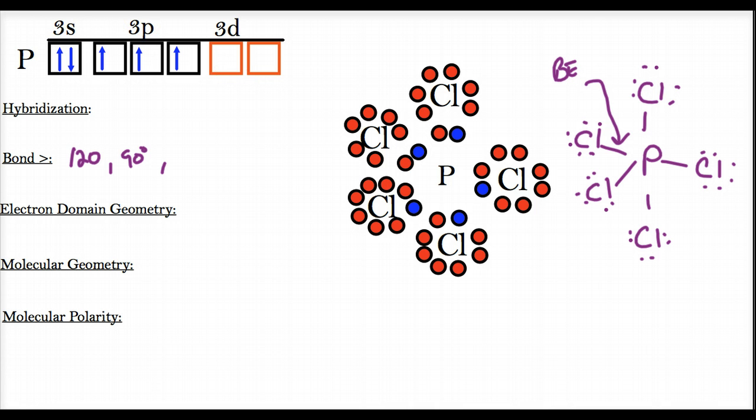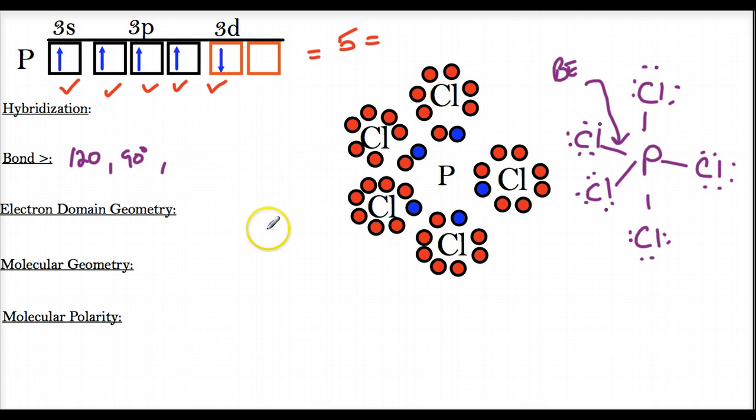So what happens? Well, what we think is an electron from the 3s gets excited, jumps to an empty orbital. I understand this arrow should go up. And of course, now we have 1, 2, 3, 4, 5 orbitals mixing together. An s, 3 p's, and a d mixed together to equal 5 equal orbitals of all the same size and energy, same shape and same energy, that can repel themselves into this shape.